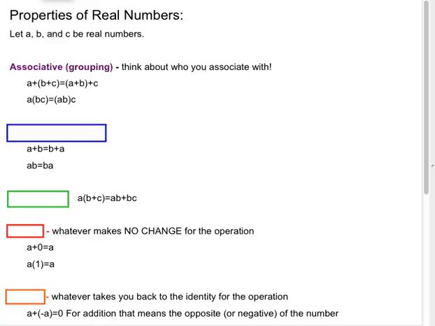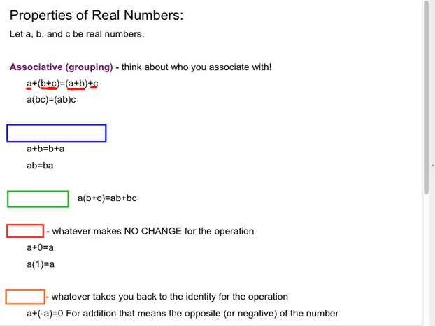Associative property deals with grouping. So again, I even give you the hint. Think about who you associate with. Use that to remind you that association, it deals with grouping. So notice the only difference here is here the A is by itself, the B and C are grouped. Here, the group changed, but it doesn't change the value.